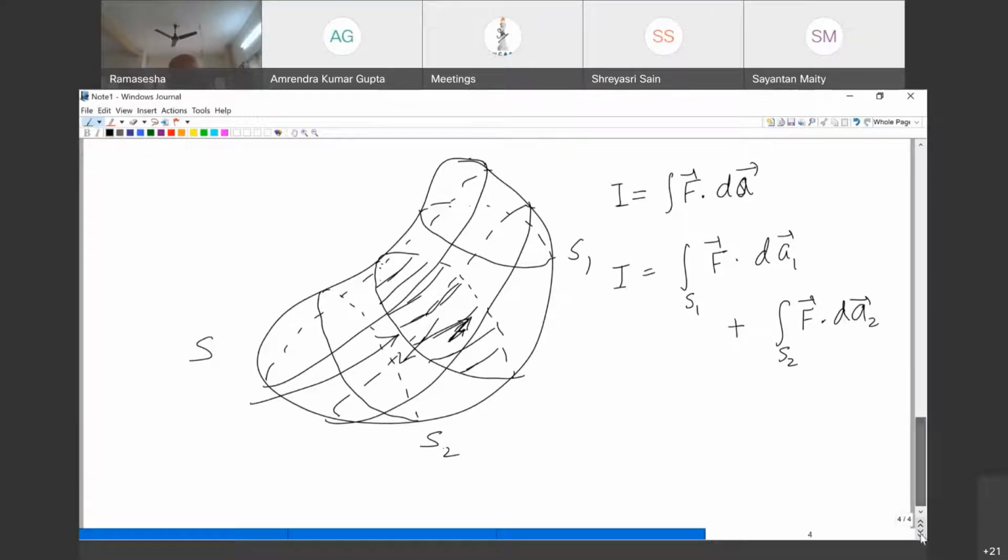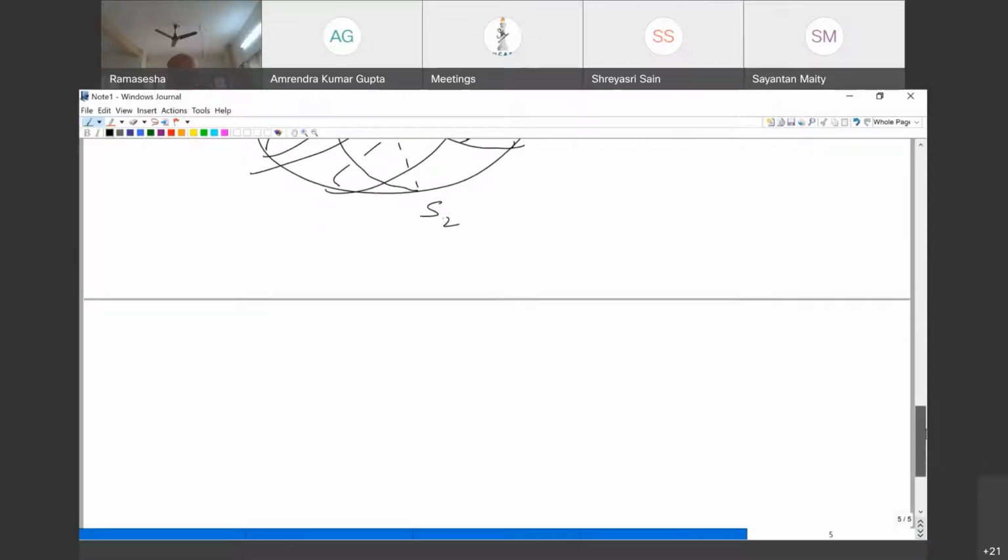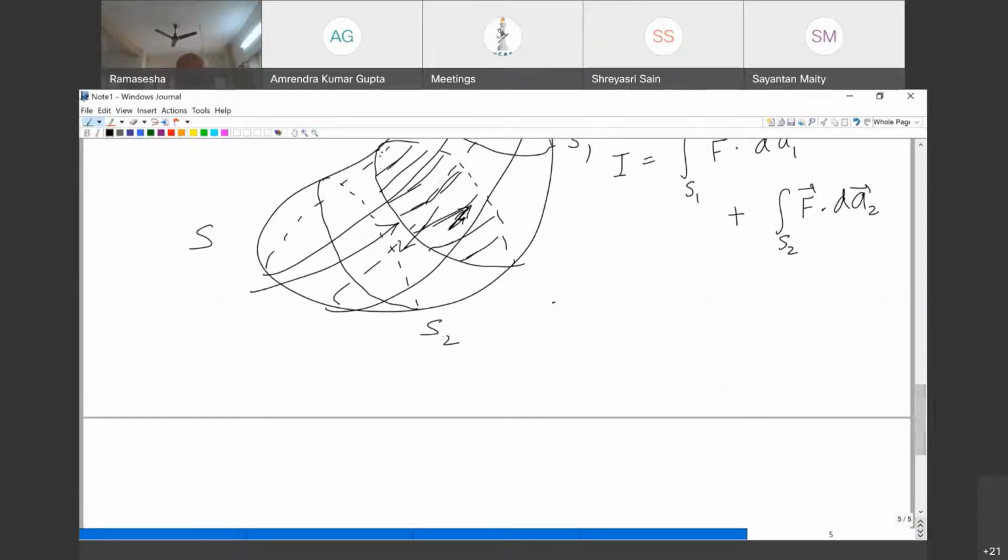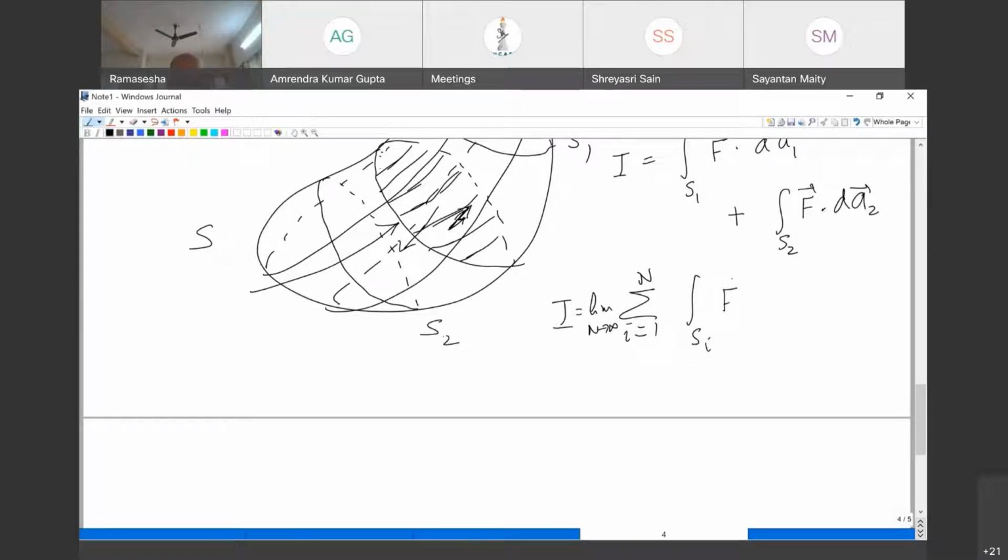In which case I can write my integral as I equal to the sum over i equal to 1 to n, with the limit n tending to infinity, of the integral over the microsurface Si of F dot dAi.